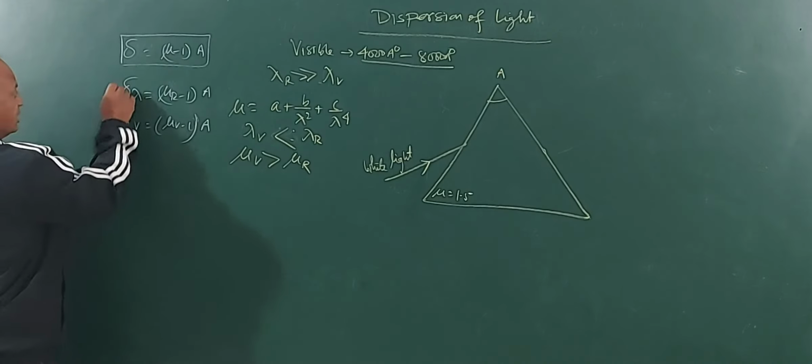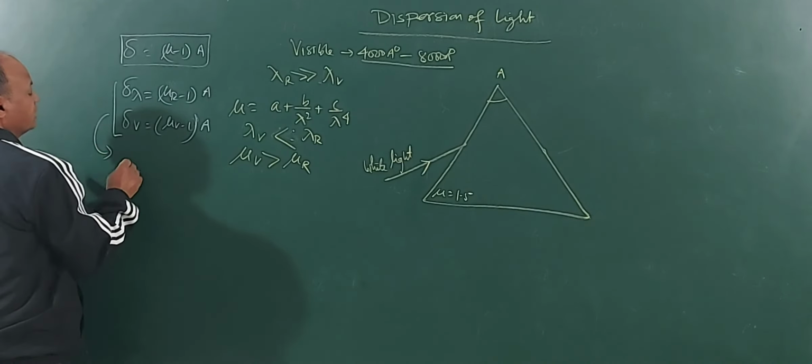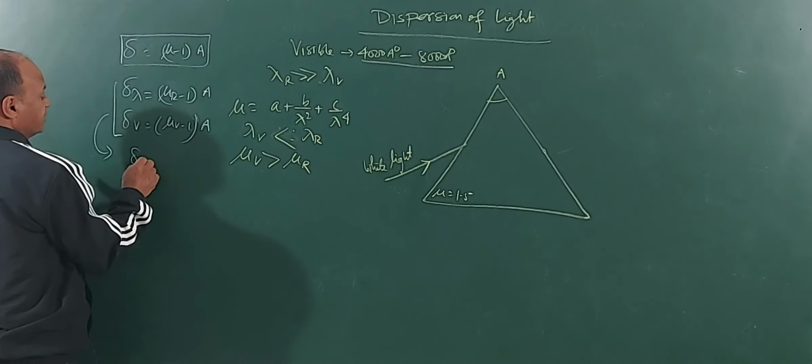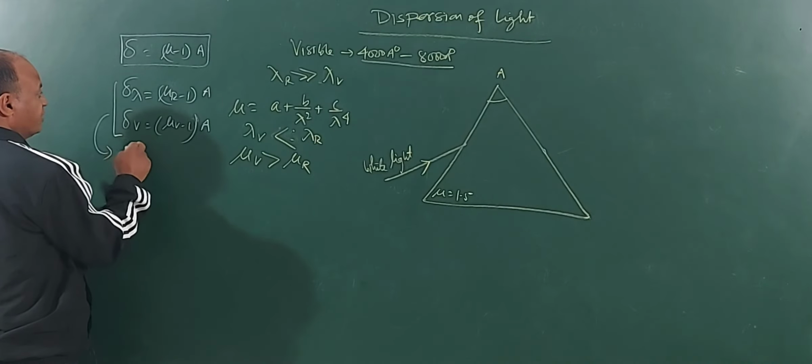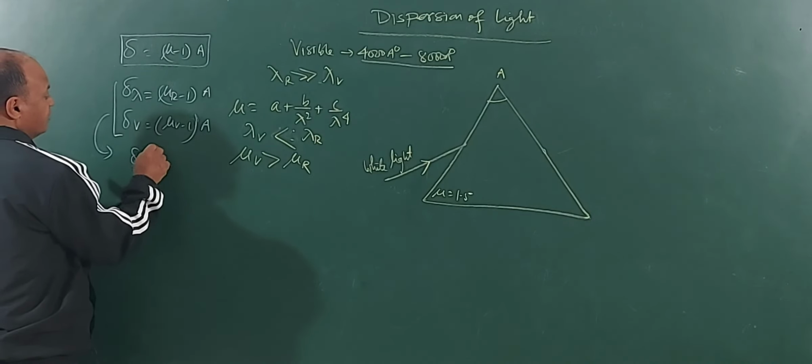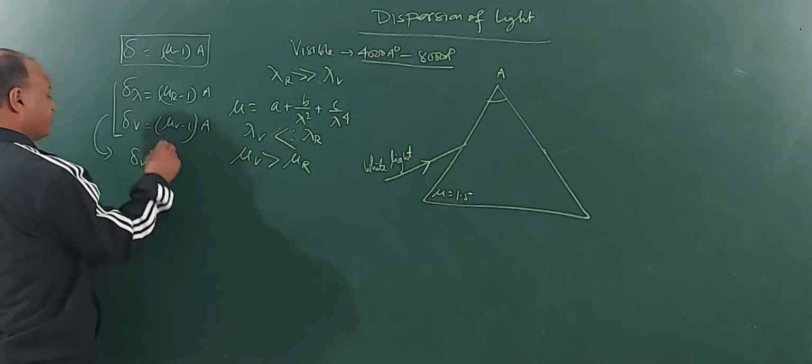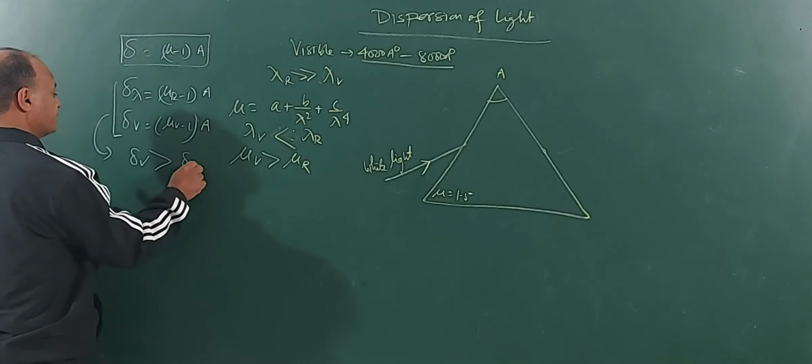So from these two we conclude that angular deviation for violet will be more than angular deviation for red.